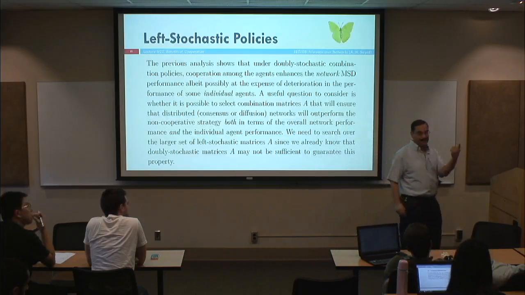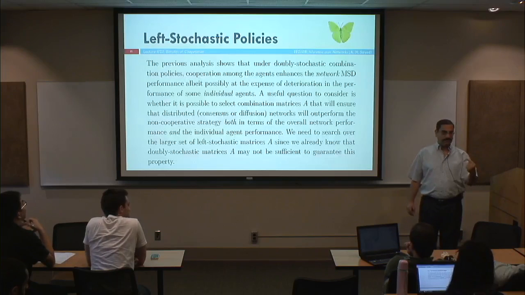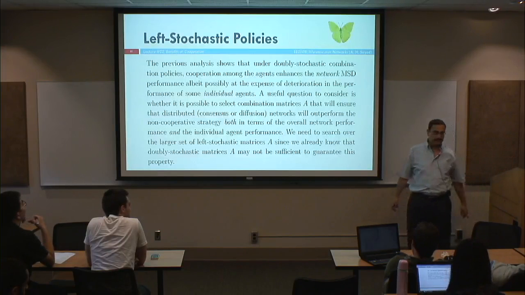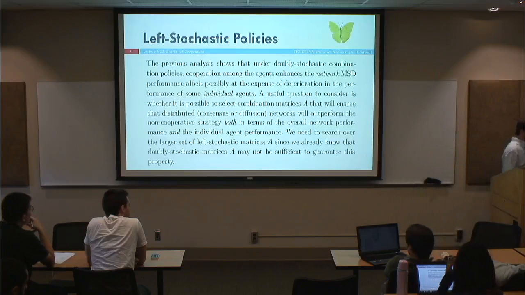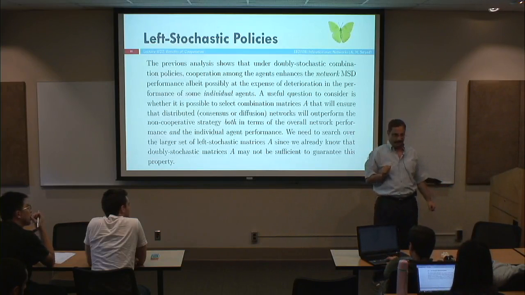Can I choose my A such that I will always do better at the individual level as well, okay? That A has to be left stochastic. It cannot be doubly stochastic because there are counterexamples for doubly stochastic policies where this is not possible, right? Very good. So let me show you that indeed there is a left stochastic A that allows you to achieve that kind of behavior, okay?